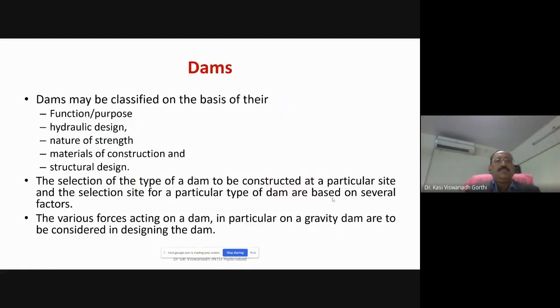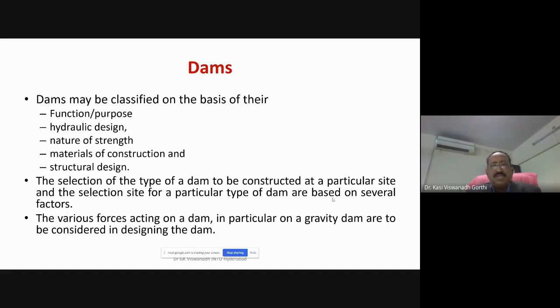This is a brief about the dams and the history of the dams in India. You must have seen that the history of dams is more than 1,000 years in India. We have several dams constructed on streams and various rivers. There are 36 cases where the dams failed immediately after construction.